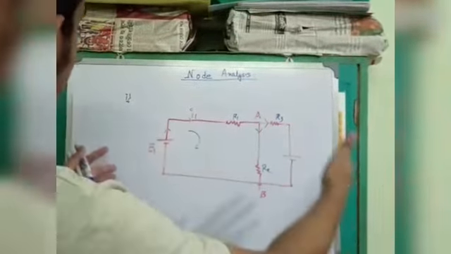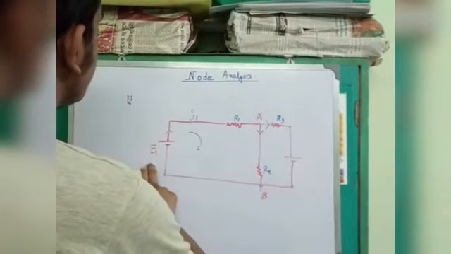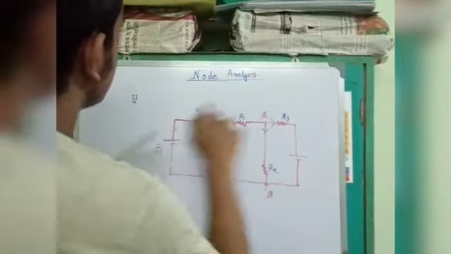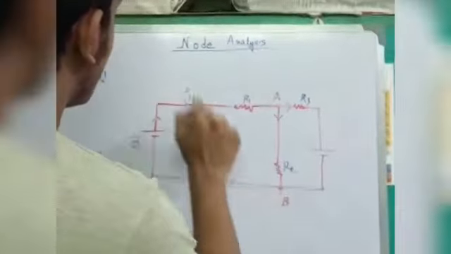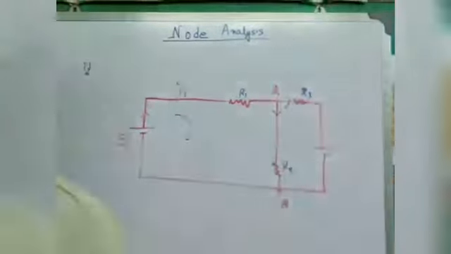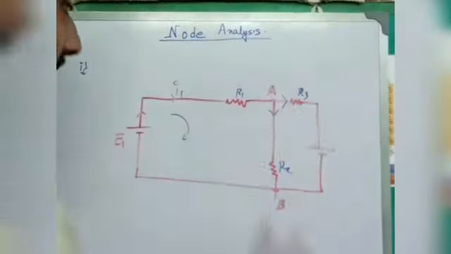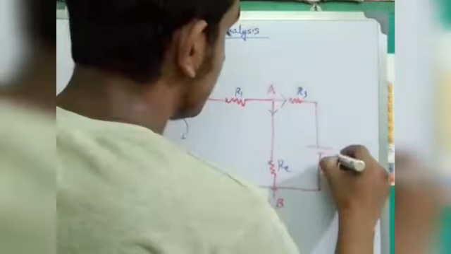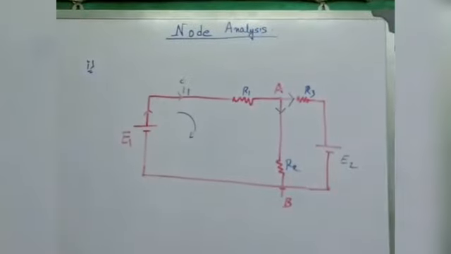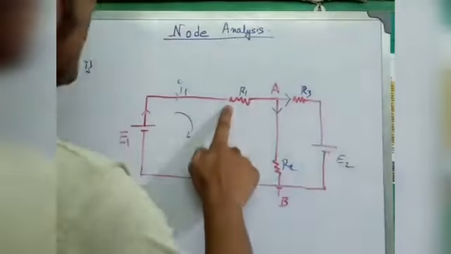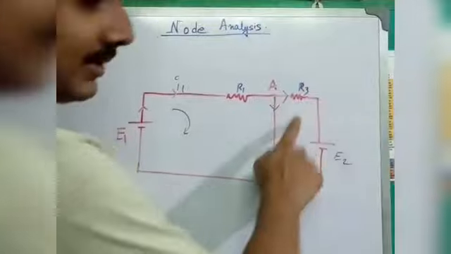It's a circuit. It's the potential E1. The current flowing through this loop is I1, and it is dividing in two parts, one in this direction and one in this direction, and there is E2. This is R1, this is R2, and this is R3.